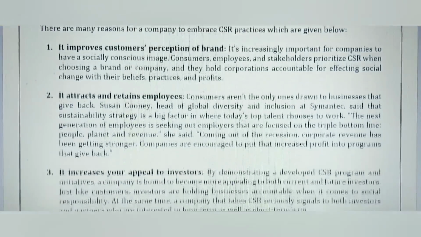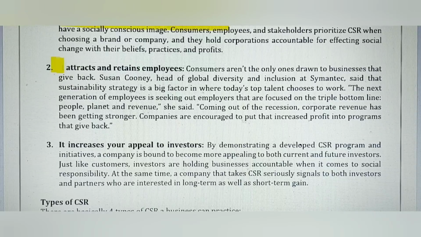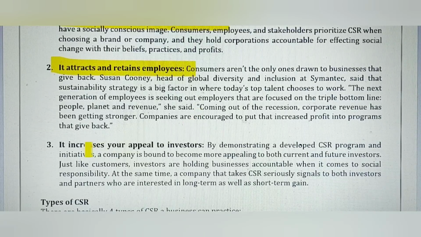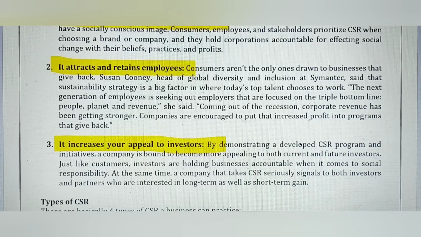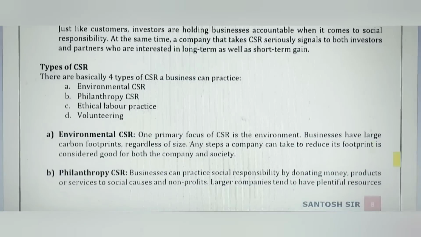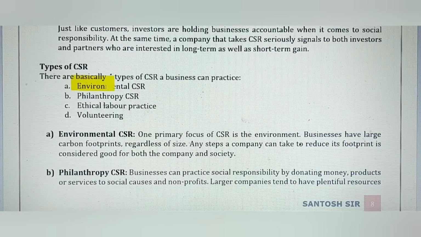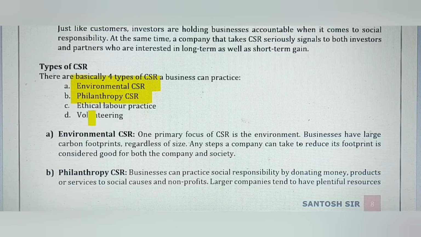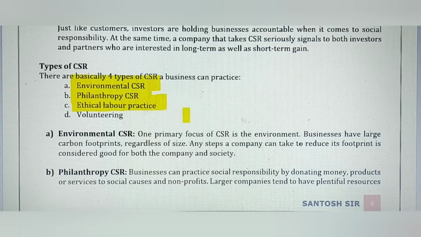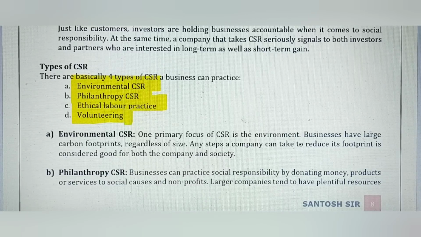It is important because it improves customers' perception of the brand, attracts and retains employees in the organization, and also appeals to investors. Among the different types of CSR, you can describe four types: one is related with the environment, the other is philanthropy, the third is ethical labor practice, and lastly volunteering. These four types of CSR are given in your syllabus.